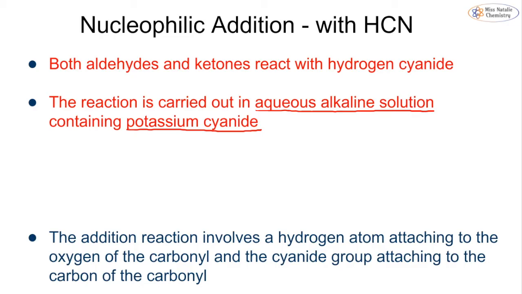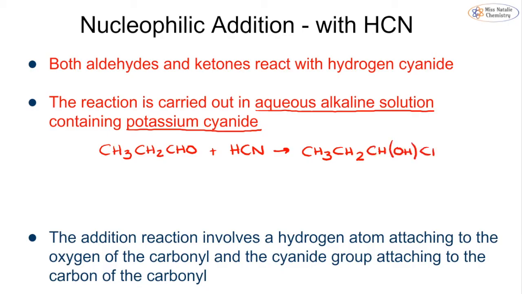So if we say, for example, we're adding it to propanal, so we have CH3CH2CHO, we're adding the HCN, the hydrogen cyanide, and we're going to form a compound of CH3CH2CHOHCN. You can see here that we have this nitrile functional group as well as the hydroxyl functional group.